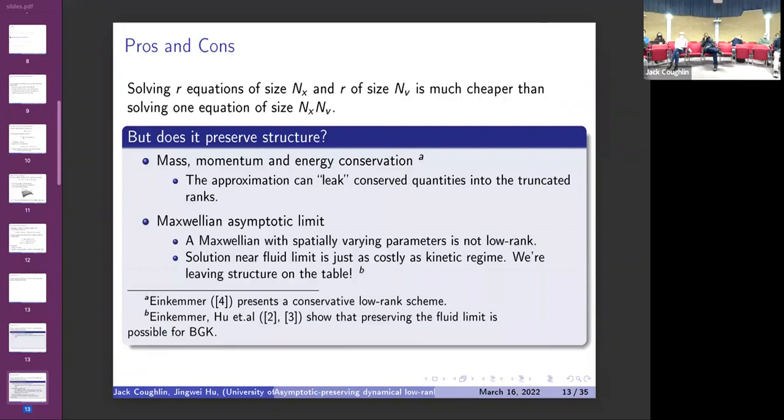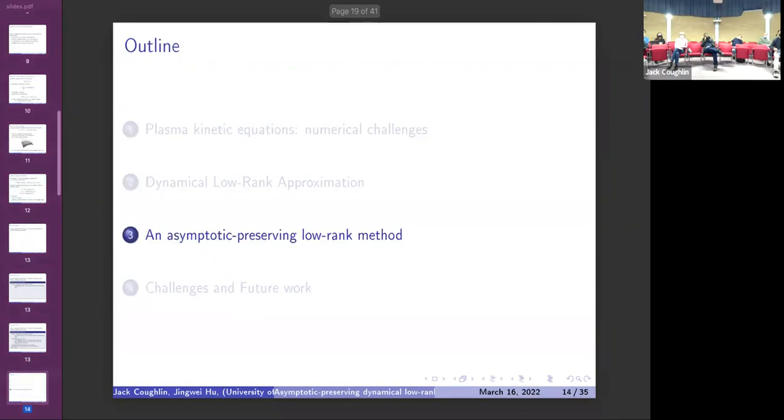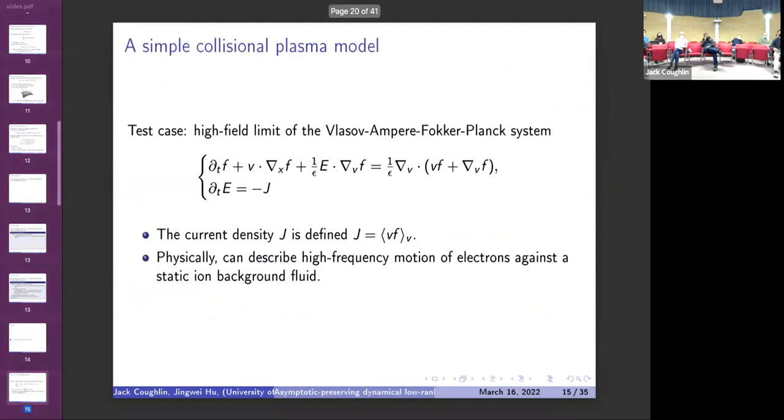And that seems wrong. It's not fair, because there's all this structure that we know about in the solution, so we should be able to exploit that somehow, right? We're leaving structure on the table, unless we can approach a Maxwellian without requiring a bunch of ranks to represent it. All right. So now I'm going to talk about one way to address that problem, the Maxwellian asymptote.